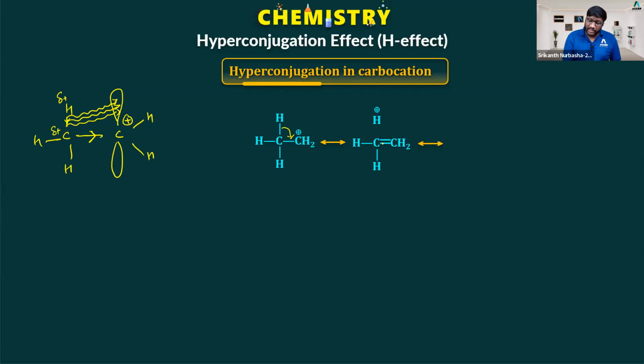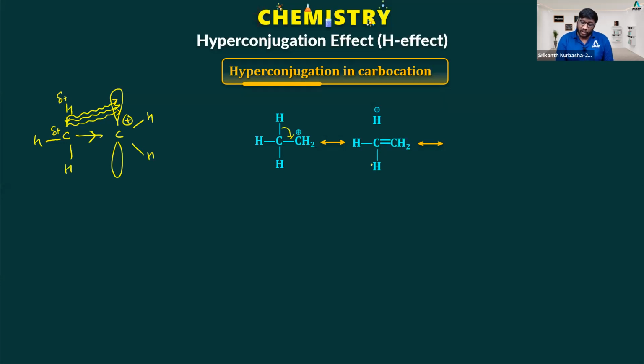So CH3 CH2 plus becomes CH2 double bond CH2 with H plus, and this carbon hydrogen bond is cleaved. There is no bond between carbon and H plus. Why is it H plus? Because electron density is lost from hydrogen. Carbon hydrogen bond is not present, so it is no bond resonance. These are nothing but hyperconjugated structures.